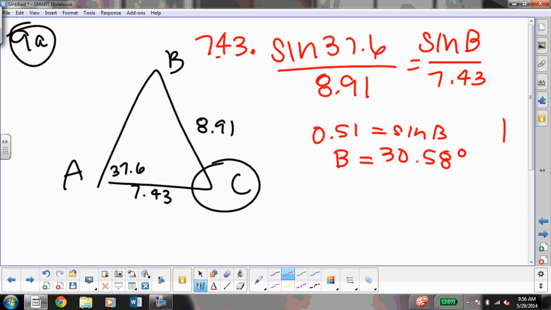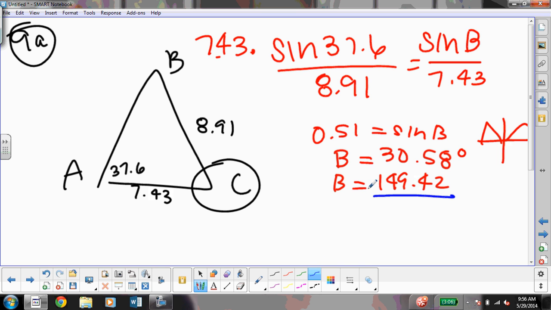And remember, the sine is positive in 2 quadrants, so angle B could also equal 180 minus 30.58, which is 149.42. And I want to check and make sure this second angle will work.